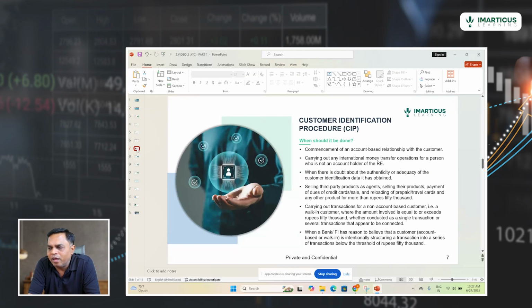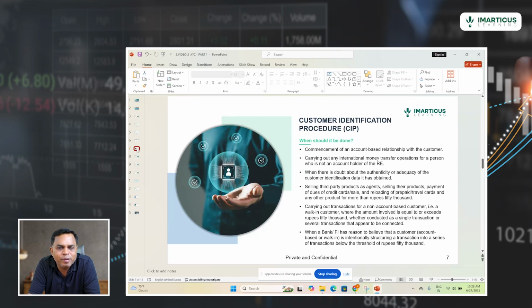Point number one. And whenever the customer wants to carry out an international financial transaction, let's say, for example, a company based in India wants to conduct transactions in foreign currencies, like US dollars, GBP or JPY, the bank needs to understand clearly the purpose of the customer doing such a transaction.